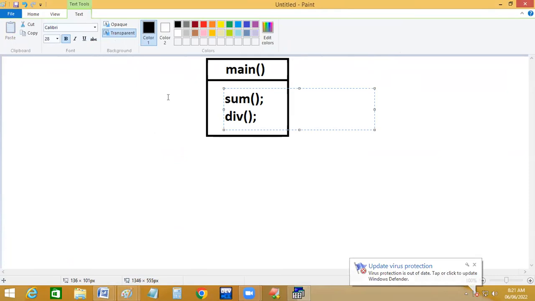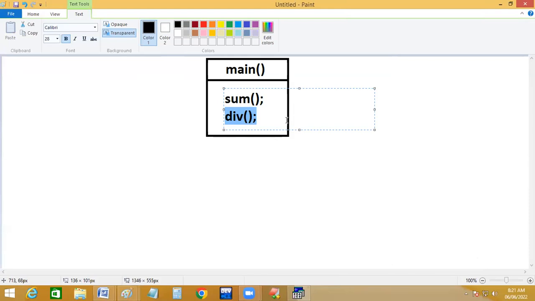Can I say main is a big program divided into two small subprograms?